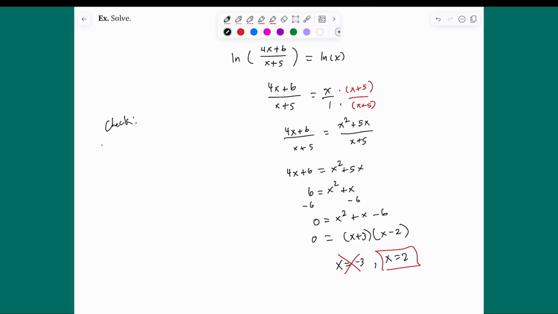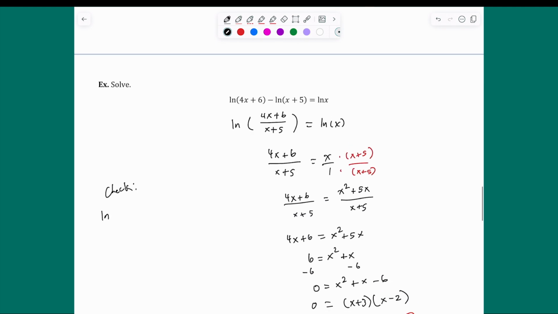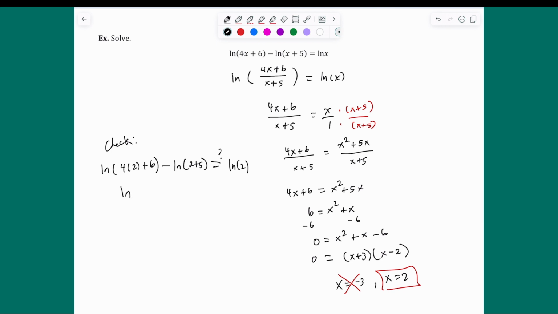In other words, when you plug in ln of 4 times 2 plus 6 minus ln of, sorry, 2 plus 5, does that equal ln of 2? All right, so this is ln of 8 plus 6 is 14 minus ln of 7. Once again, does that equal ln of 2?